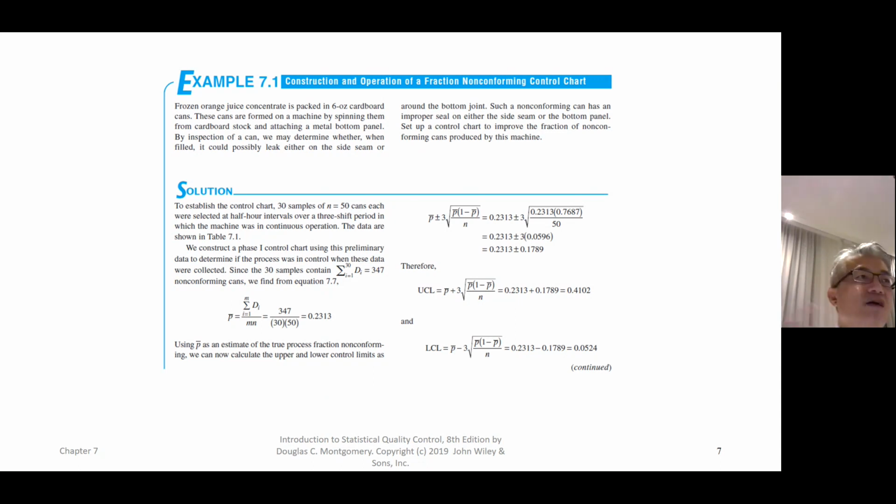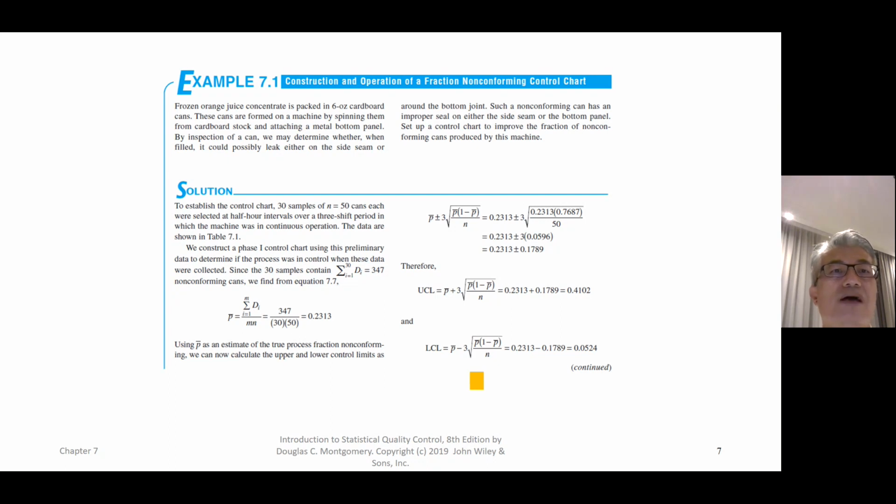It is like a mini-mart in Taiwan. You go to the supermarket and buy a juice concentrate, a pack of 6-ounce cardboard cans. These cans are formed on a machine by spinning them from cardboard stock and attaching a metal bottom panel.